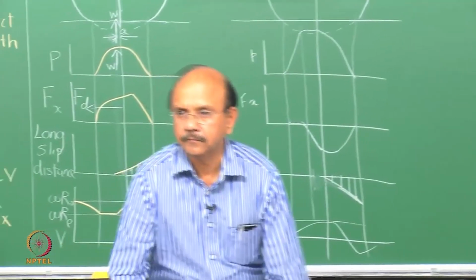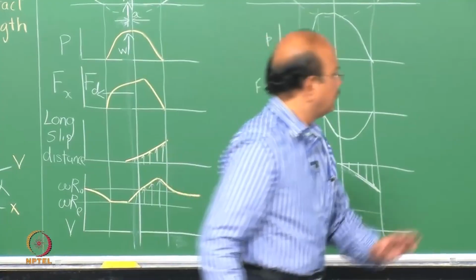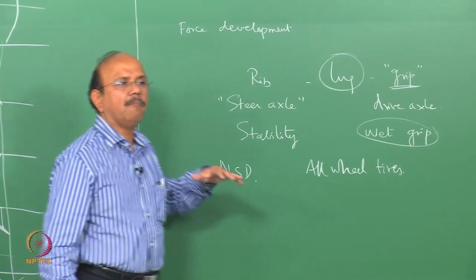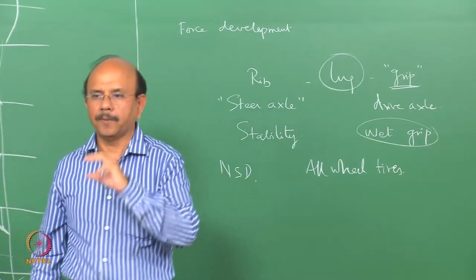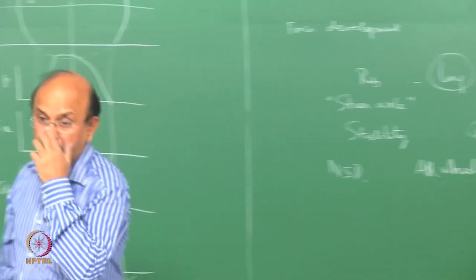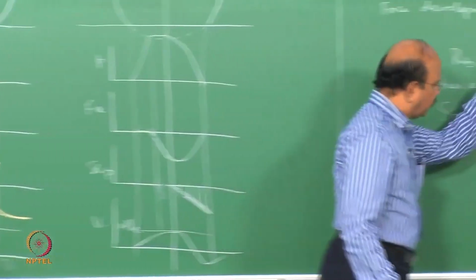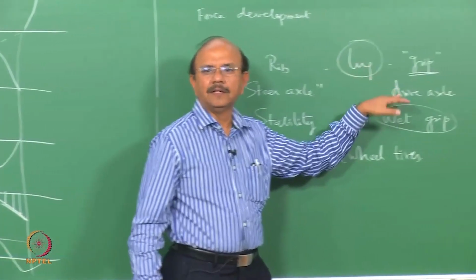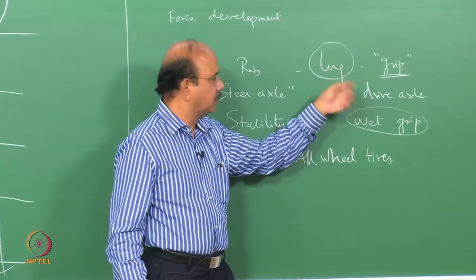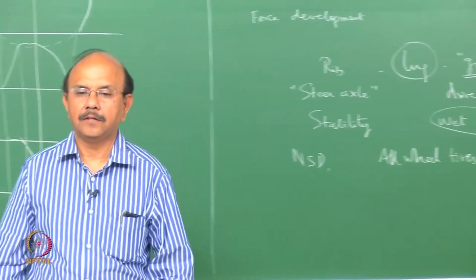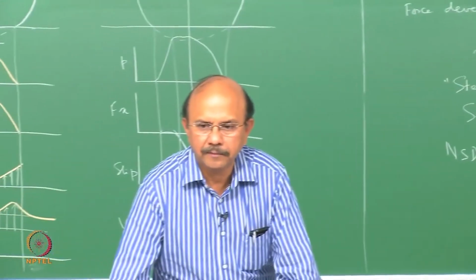It is lower. In other words, under most instances, the rib tires have much less rubber mass when compared to the lug tire. Basically, because this is being used in the drive axle, because the wear rates are higher and they want a higher mileage, they use a lot more rubber there.